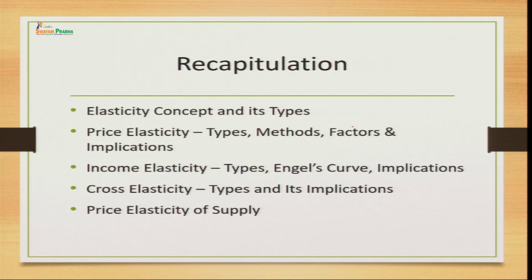Thereafter, we have talked about the income elasticity, and here we have seen what change takes place in the quantity demanded due to the change in the income of a consumer. Usually, we say that when the income of a consumer increases, the demand for a commodity increases, but again income also has a different kind of impact on different commodities.